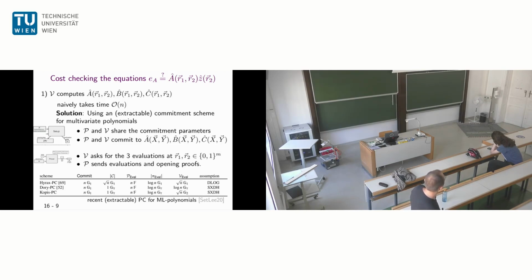In Dory you use pairing groups. The first one doesn't take pairings, but they do. And there you have really log size proofs and log size evaluation time. So this hard work of evaluating these polynomials at some point becomes exponentially less work for the verifier, with basically no overhead for the prover, because the prover has to evaluate it anyway.